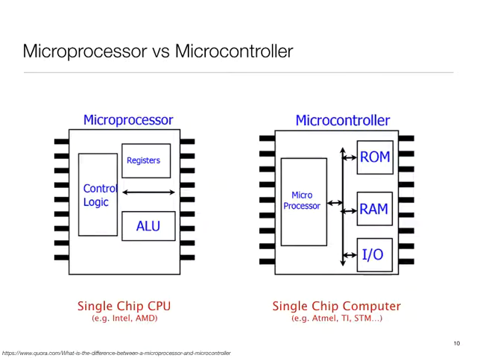Back to microcontrollers. A microprocessor is basically just the CPU. It has the control logic, registers, and the arithmetic logic unit. A microcontroller is all of this together with ROM, RAM, and I/O. So it's like an entire computer other than the keyboard and stuff like that.